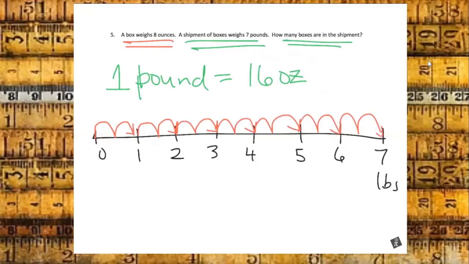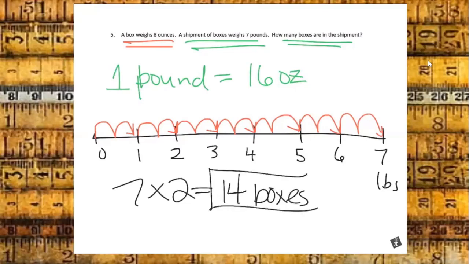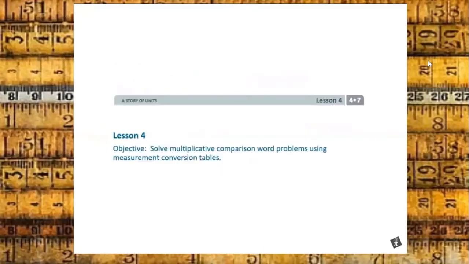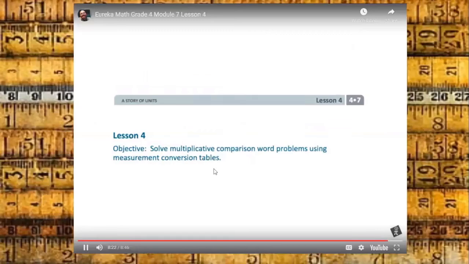So all together we have 1, 2, 3, 4, 5, 6, 7, 8, 9, 10, 11, 12, 13, 14. So another way to do it is 7 times 2 is 14. So there are 14 boxes in the shipment.